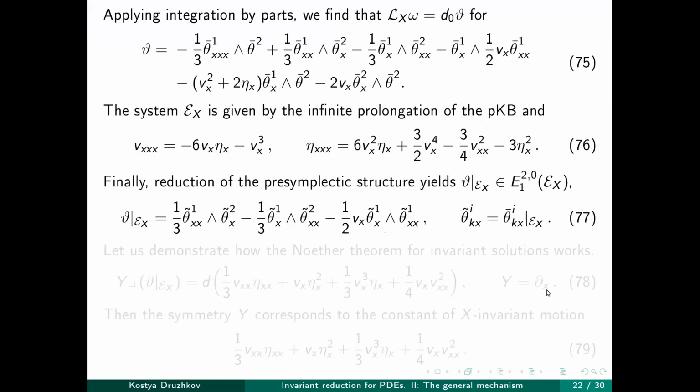So applying integration by parts, we find that in terms of the dx component, the following relation holds. There is only one solution for the equation in terms of the dx component, and this solution solves the entire equation, not only for the dx component.